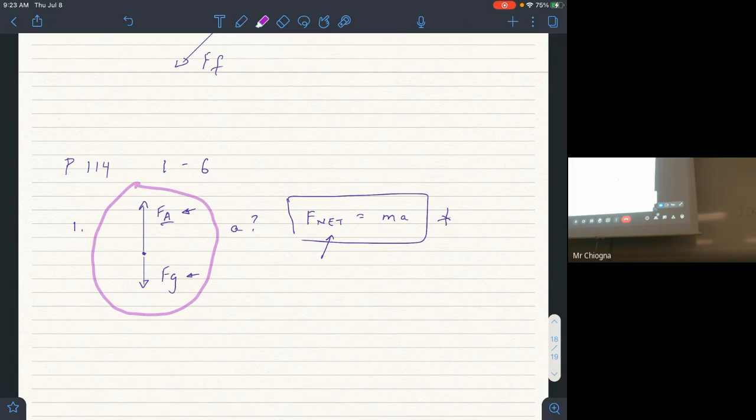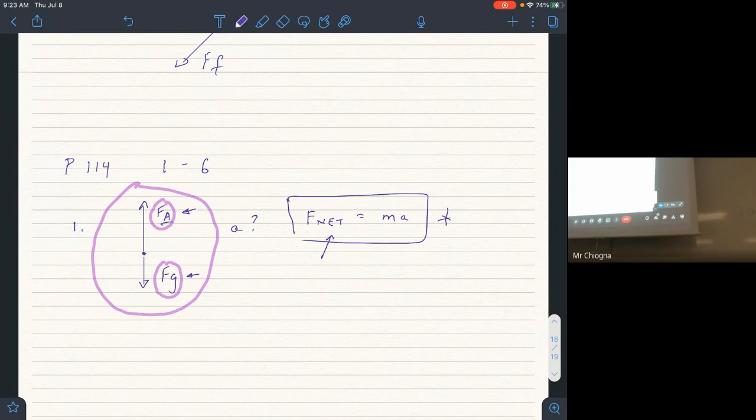That's why we draw it. So for this particular problem, F net is made up of an applied force, and then subtracting from it is Fg. It's acting in the opposite direction.